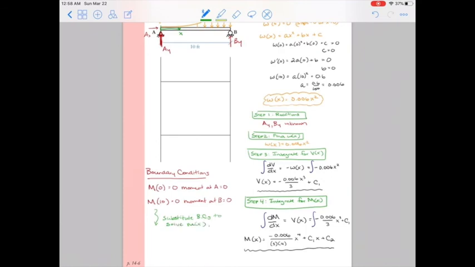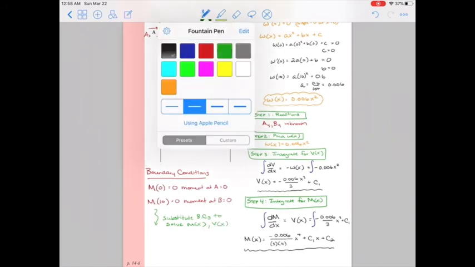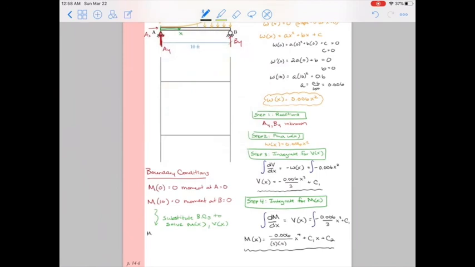So starting with the first one, M of 0, I plug in M of 0, and I basically get 0 plus 0 plus C2 has to equal 0. And that tells me the second constant of integration C2 is 0. Next I do M of 10. So now I'm going to plug in M of 10.